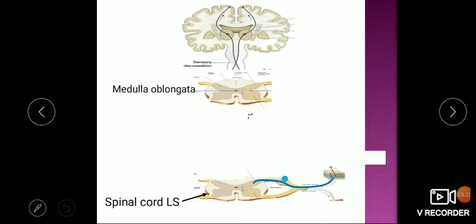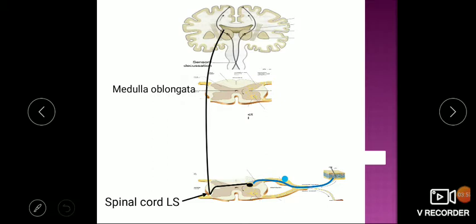Here you can see it is starting, making a synapse with the receptor and ending in the spinal cord. Okay. Now in the spinal cord, the sensory relay neuron starts. If you recall the physiology of the spinal cord, we learned sensory relay neurons are in the gray matter. Now this is the sensory relay neuron. From here the fibers are arising. This is the axon. You can see it is immediately crossing to the opposite side at the same segment of the spinal cord.